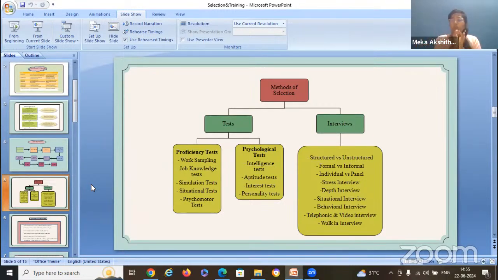Because we know that behavior would be changing from situation to situation, but when we are considering personality, we are mostly considering the most prominent behavior of an individual.